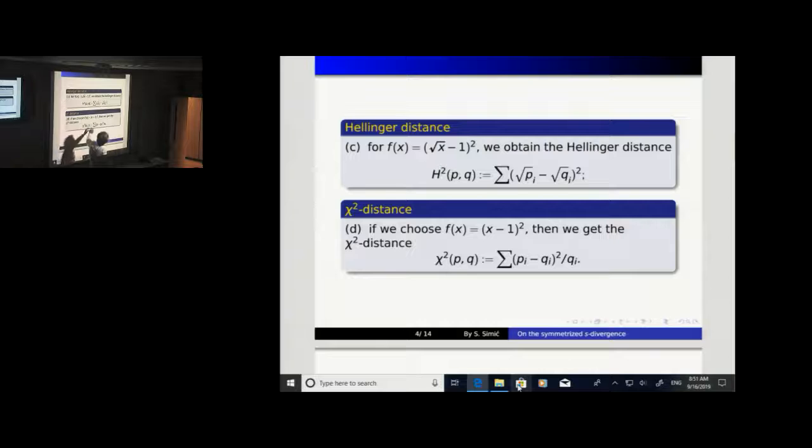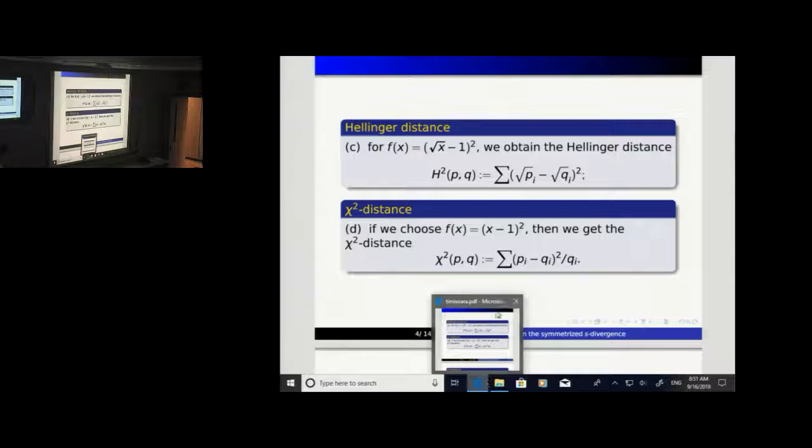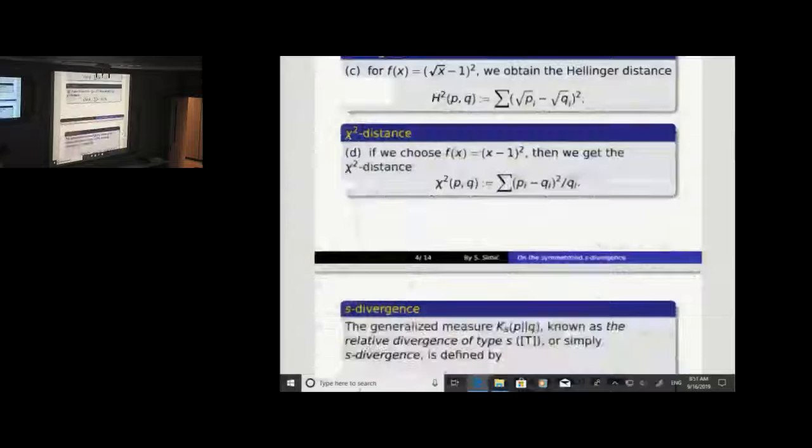For example, there is no symmetry in the chi-square distance, because it is not the same if you divide by Q or by P. So it is not equal, no symmetry. The only one who has symmetry is this Hellinger distance. But we could make symmetry by force.